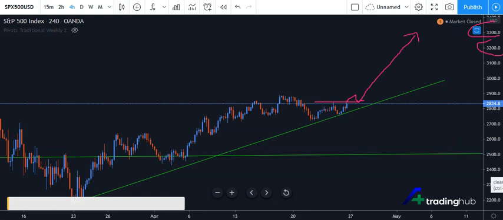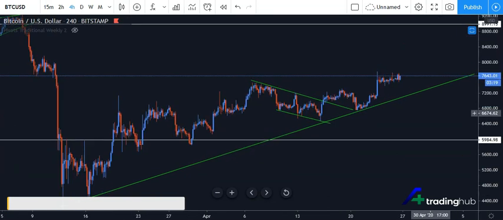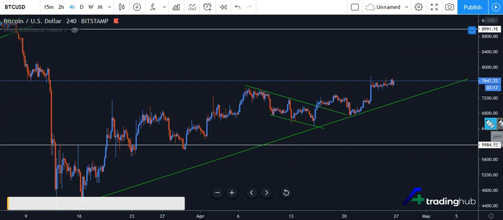Then let's look at Bitcoin. On Bitcoin, price has been moving up gradually, pushing up correctively, and last week I projected price will retest this level, then push up, and price did just that, and price is here at this resistance.